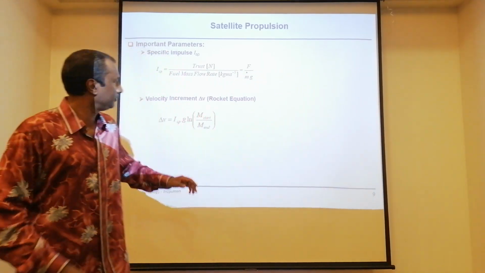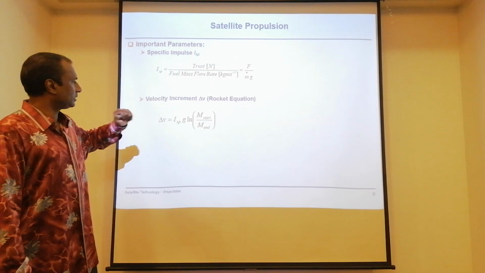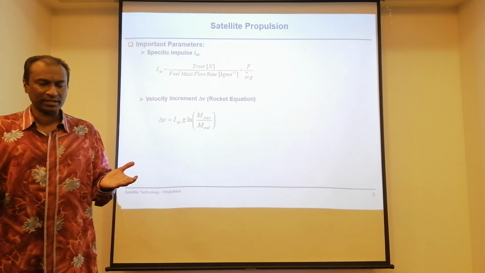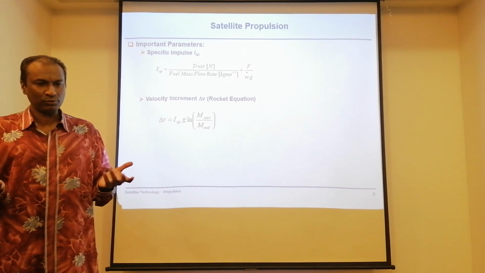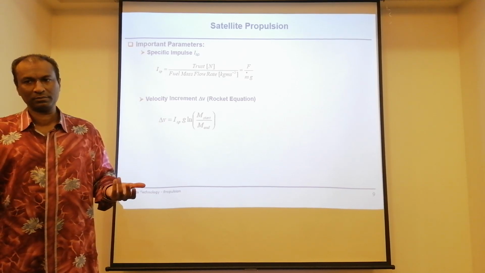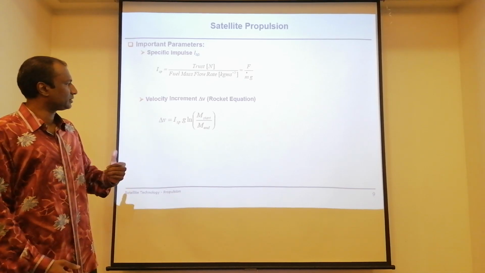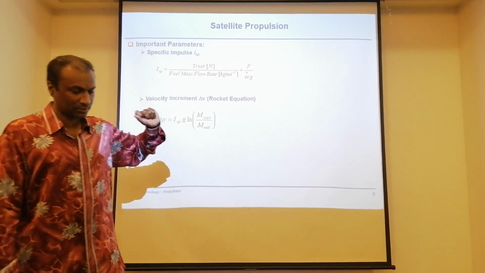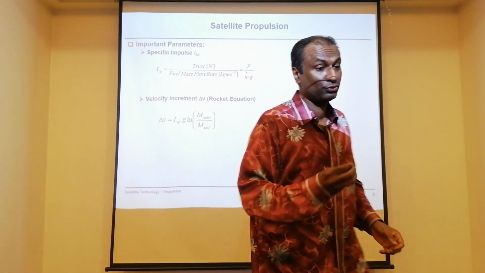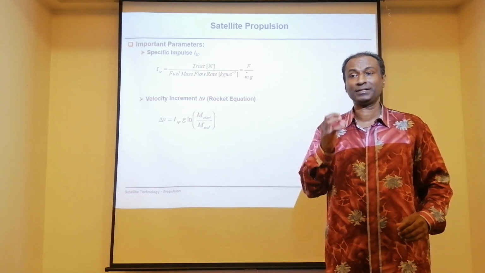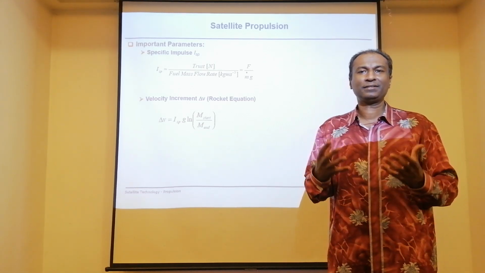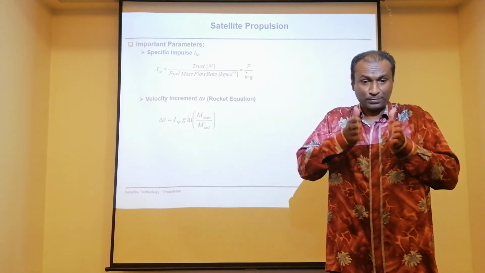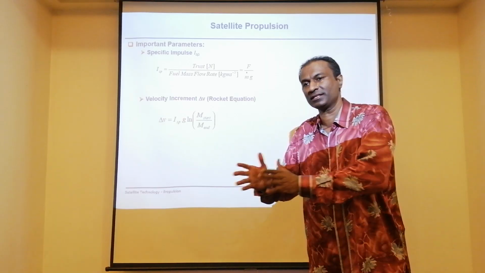Right. Now, velocity increment, delta V. When you are looking at any propulsion system, you will ask what is the specific impulse for this. It's very important, because once you have the specific impulse, you will inject it in this particular formula. This formula is called the rocket equation. Basically, you use this rocket equation to find the actual delta V. Or delta V is what? The velocity increment that a spacecraft needs to move from one spot to another spot.